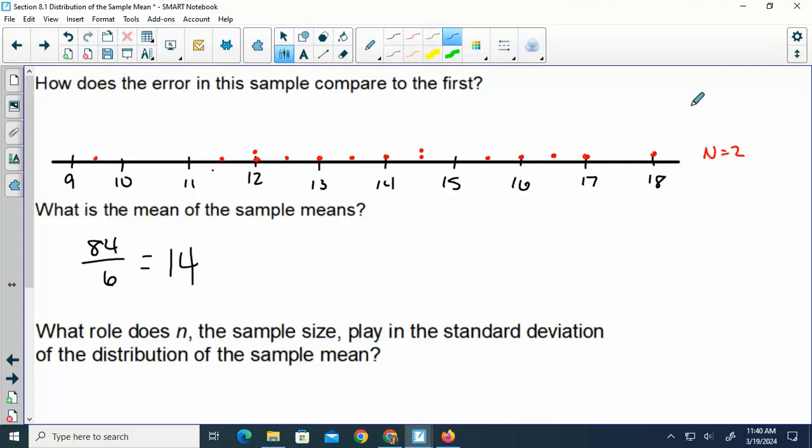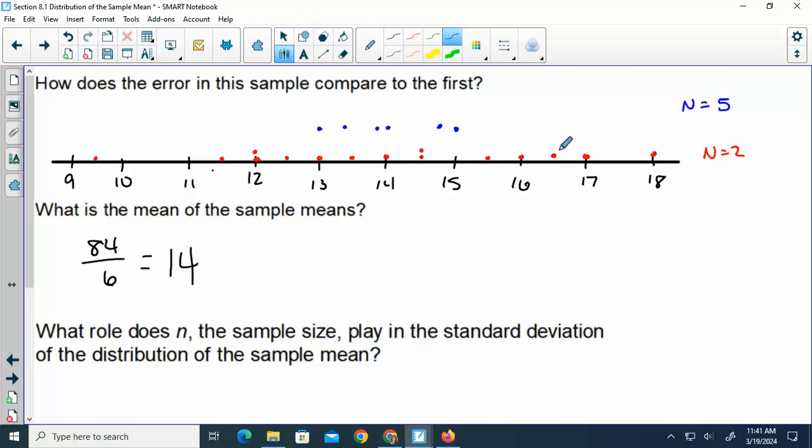Now, if we look at when we had a sample of size 5, let's plot those. My means were 13.4, 13.8, 15, 13.8, 13, and 14.